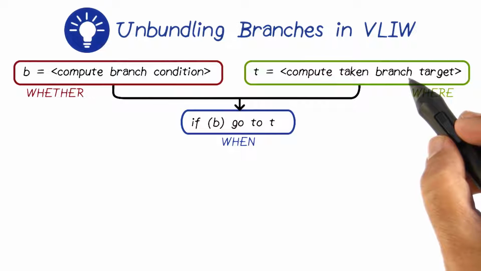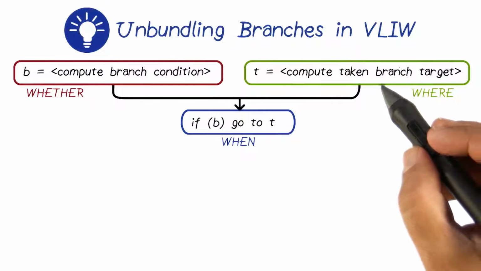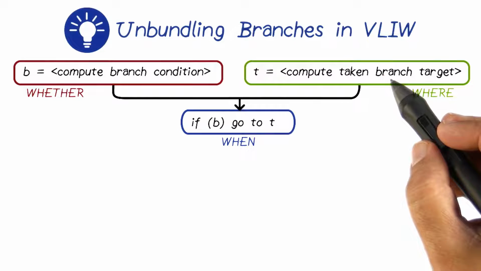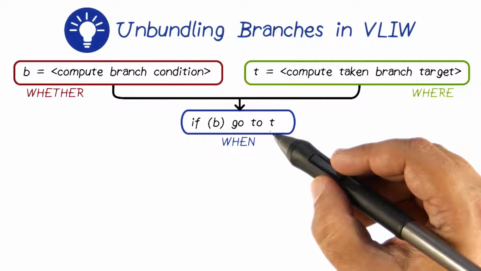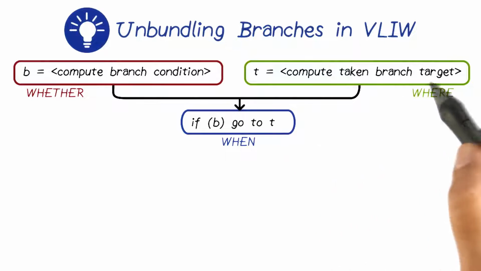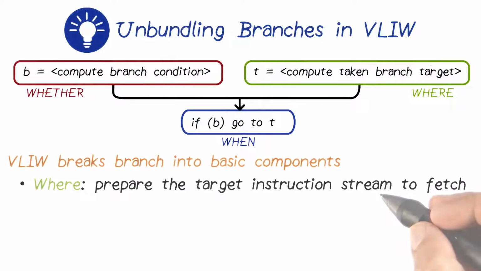Second is compute the target of the branch, or where the branch is going to go in terms of the PC address. And third is combine the two and actually implement the jump to take the transfer of control to the target. So a typical VLIW implementation undertakes unbundling of three different components of the branch.